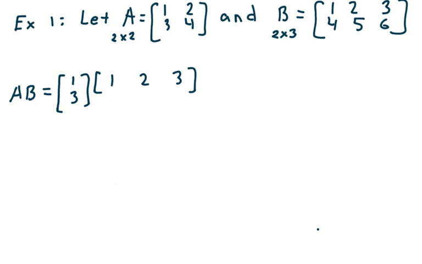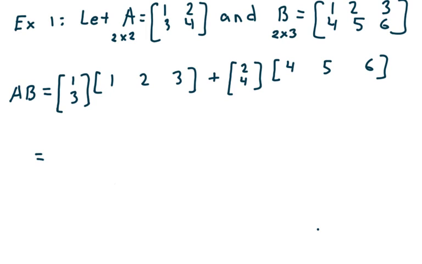Then I'm going to go plus, and then I'm going to write the matrix 2, 4 times the matrix 4, 5, 6. Notice, the matrix 2, 4 corresponds to the second column of A. The matrix 4, 5, 6 corresponds to the second row of B. And now, let's take a look.